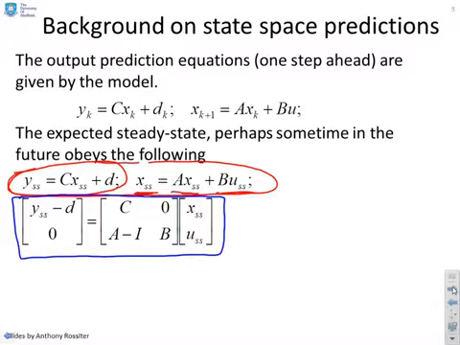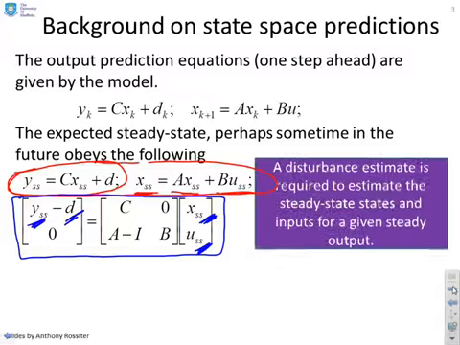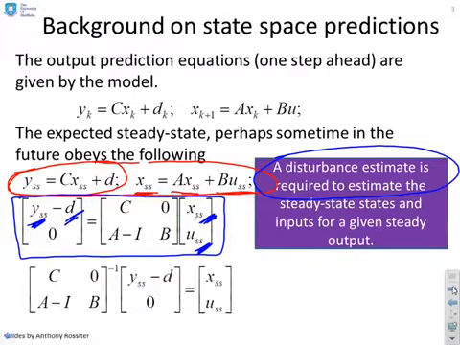So we have a consistency requirement between the steady state input, steady state output, and the disturbance. The other thing you'll notice is a disturbance estimate is required before you can get steady state estimates for the state, the input, and the output. If you don't know d, then you can't progress with this particular method.